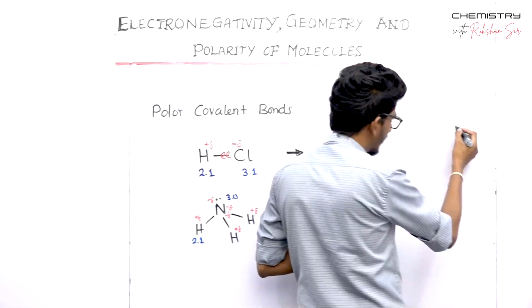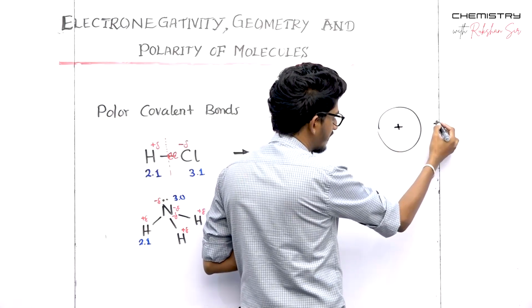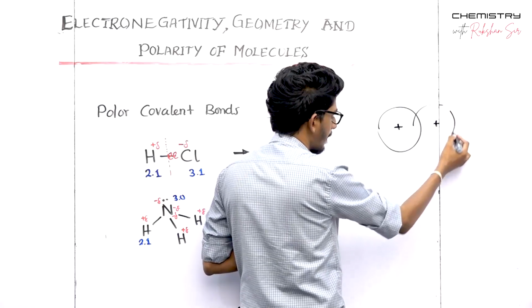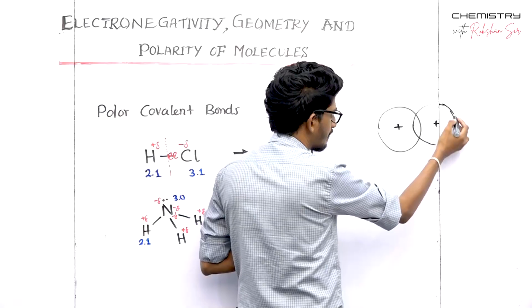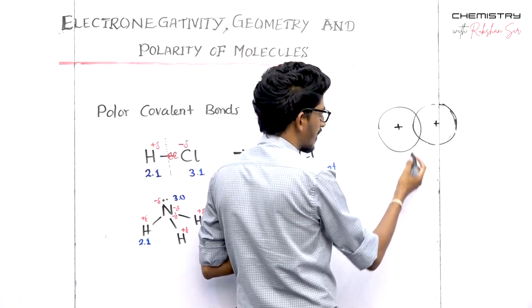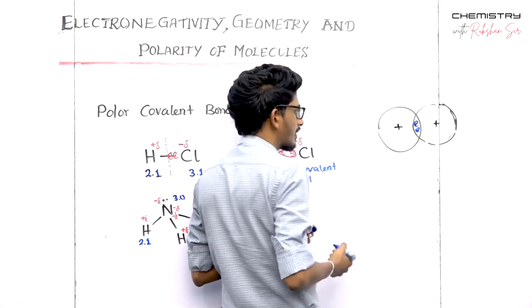In a covalent bond, you have the two nuclei of atoms, right, and a shared pair of electrons in between. See, then what will happen?